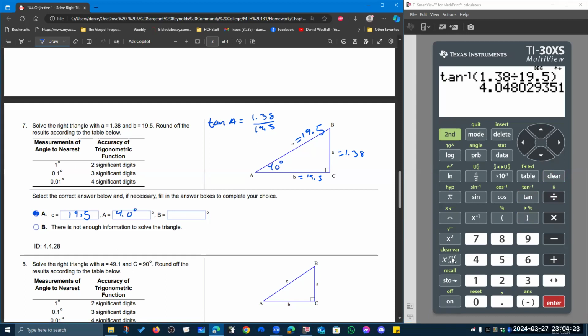That should leave me with 90 minus 4.05, 3 significant digits.